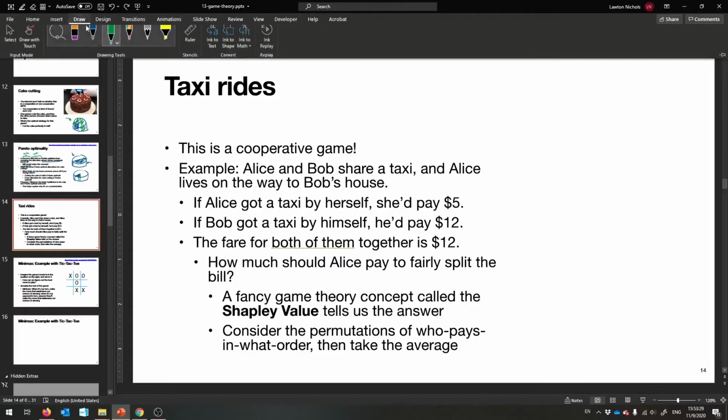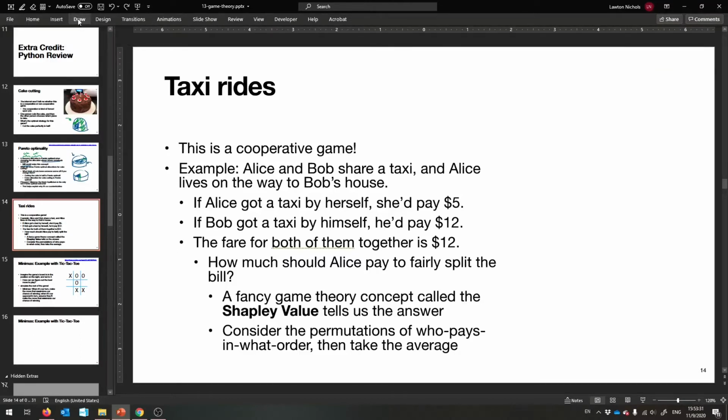So that's the way that computer scientists like to roll. And so Alice and Bob, they share a taxi. And Alice just so happens to live on the way to Bob's house. So, here's where they currently both are, and here is Alice's house. And here is Bob's house.